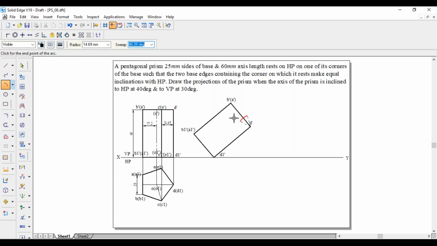Similarly, b dash as center, 17.2 mm as radius, draw an arc. Now from here we will get c dash in the bracket d dash to c1 dash in the bracket d1 dash. So it is a continuous dark line. Draw the line. Only from this one we will get the axis, so from this point, draw a chain line for 60 mm.